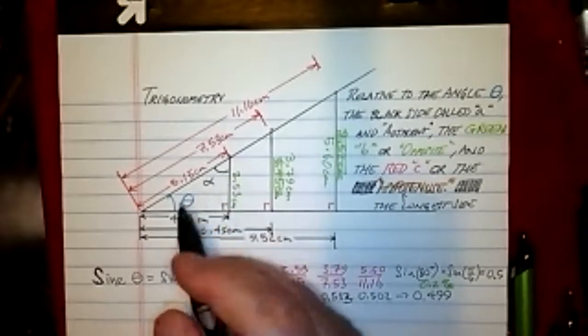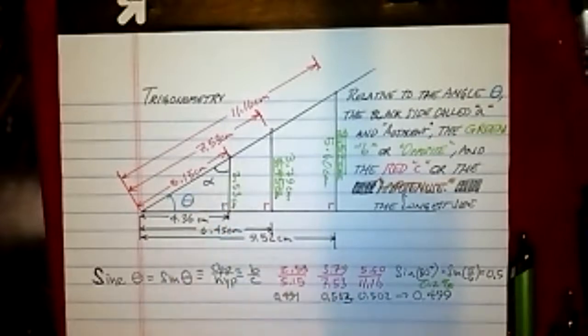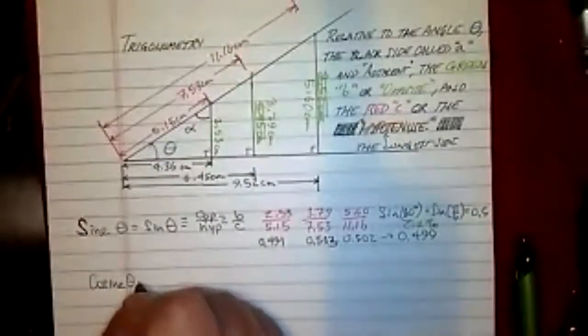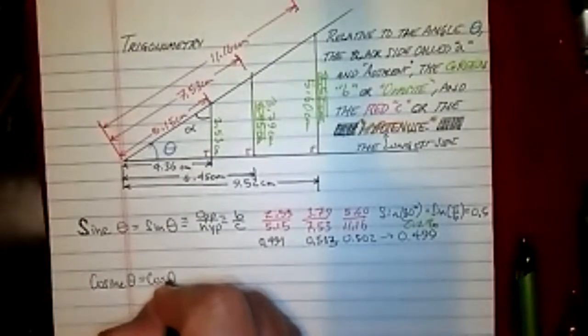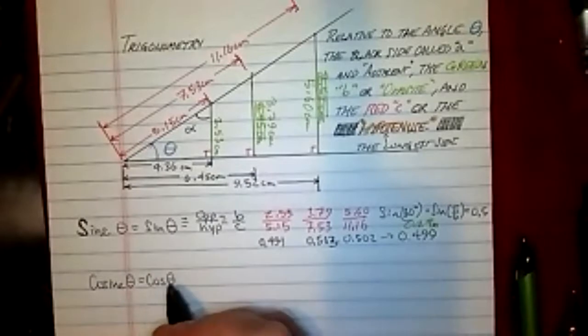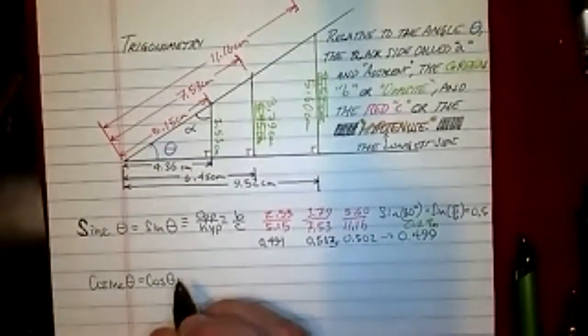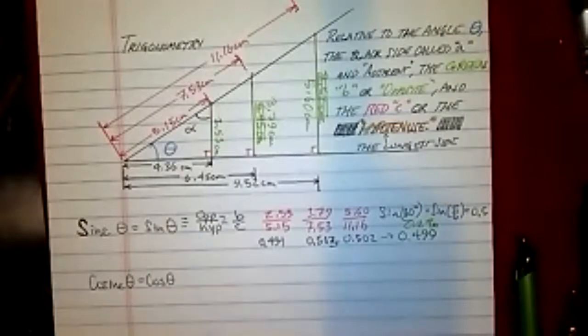So this cosine of theta that I'm going to write now, we're going to abbreviate that cos theta. That gives you the sine of the co-angle to theta.